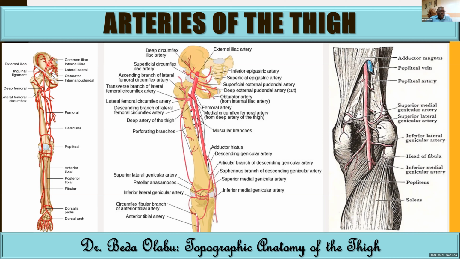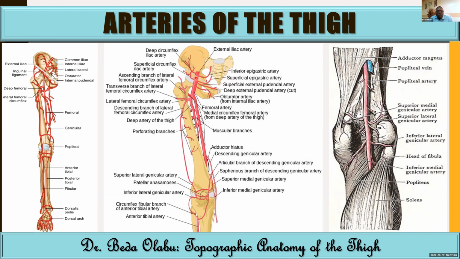So that goes down, and beyond the inguinal ligament, the external iliac artery now becomes what we call the common femoral artery. That is what we see within the femoral triangle, the common femoral artery. The common femoral artery has two major branches, one deep and one superficial. And this image captures that well.